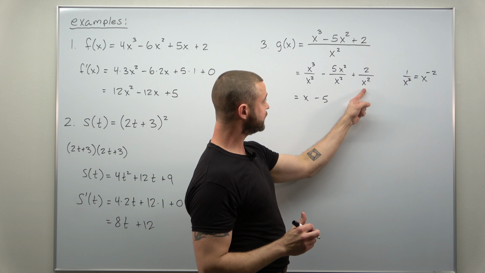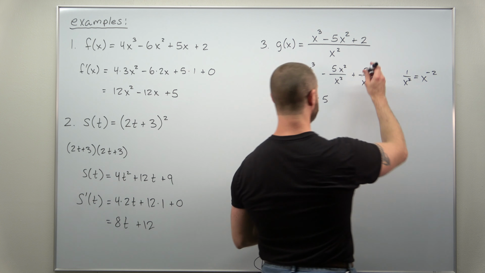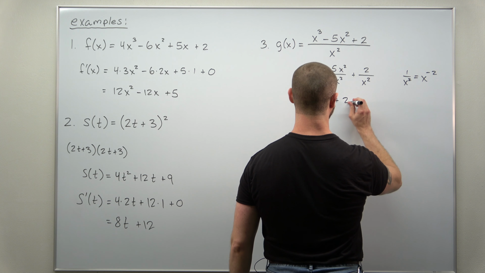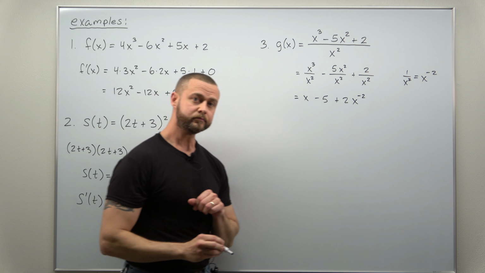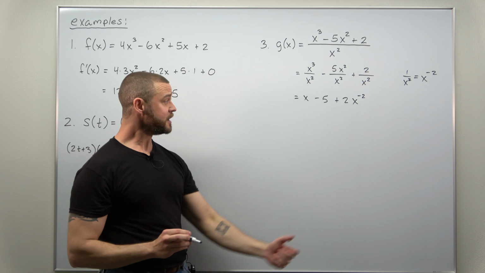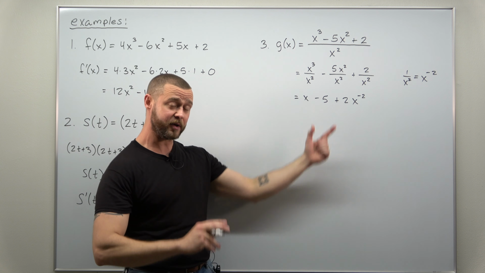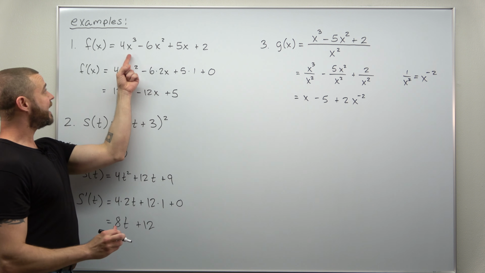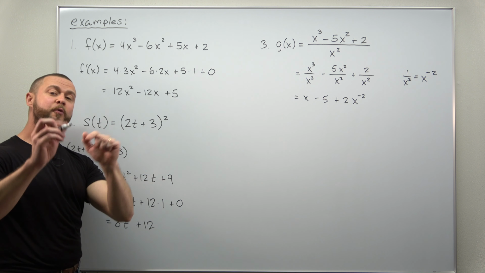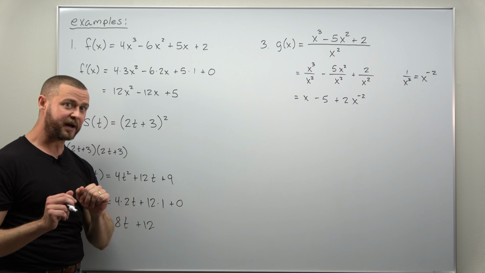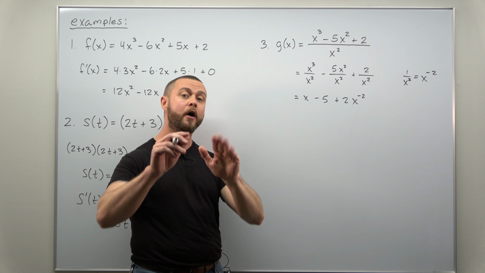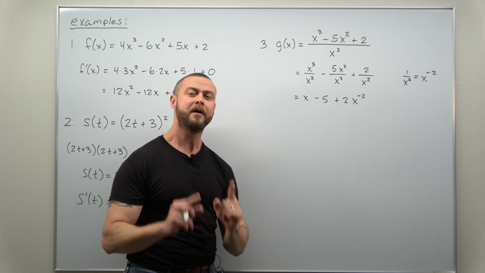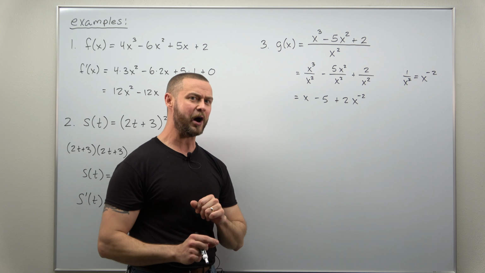All right, so your last term here, I'm going to write that as plus 2 times x to the negative 2. All right, and it's important to mention that this is not a polynomial. Polynomials have to have powers of x raised to positive integer powers. And here we have a negative power, so that's automatically not a polynomial, but it differentiates the same way.